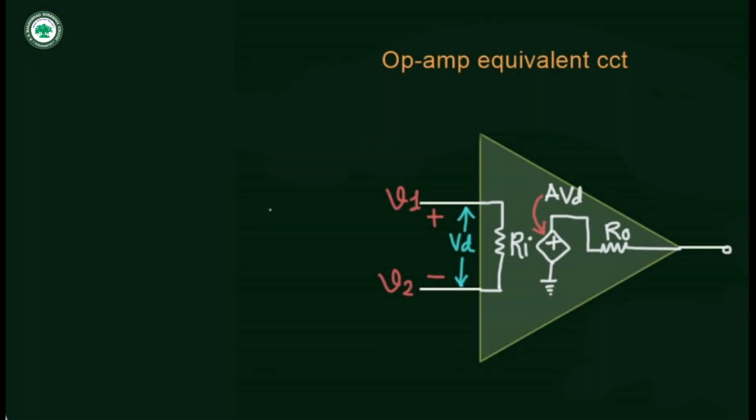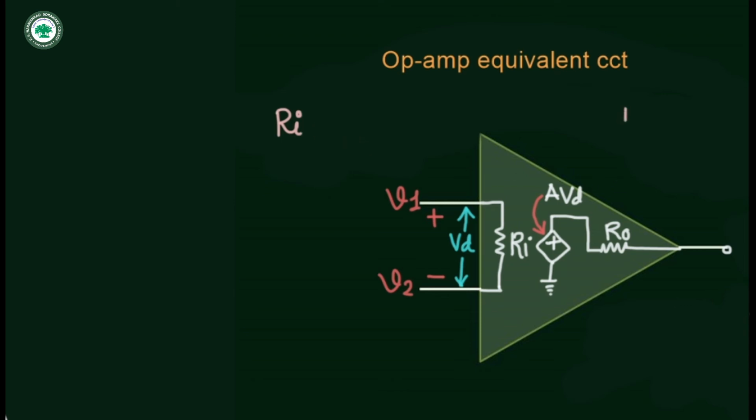Now let us consider the equivalent circuit of the operational amplifier. In the equivalent circuit, in this triangular arrangement, we are providing some more terms. One is called Ri, which is the input internal resistance of the operational amplifier.